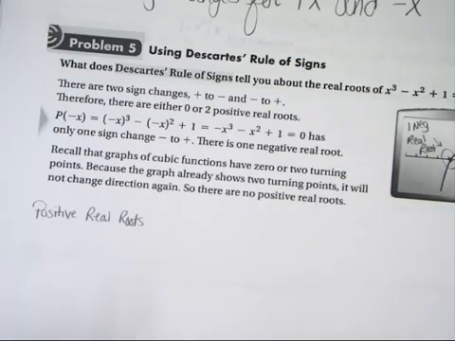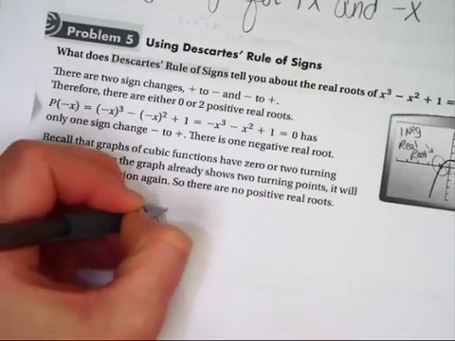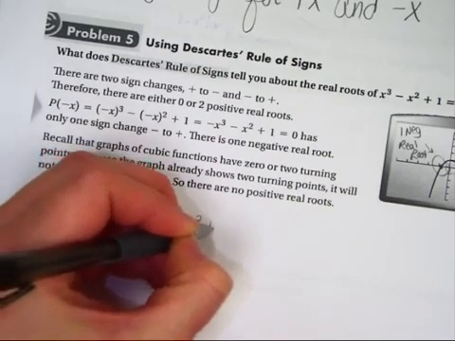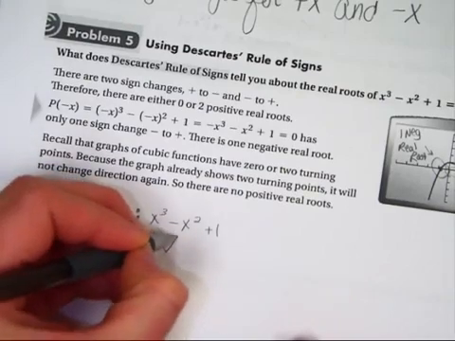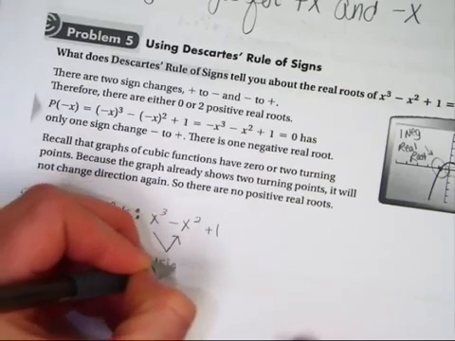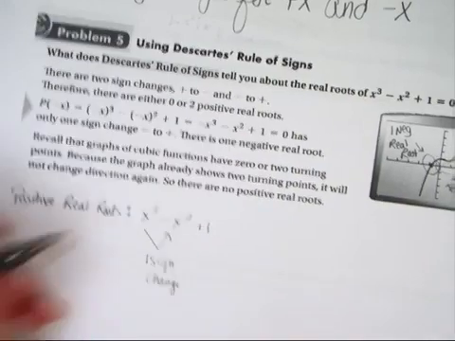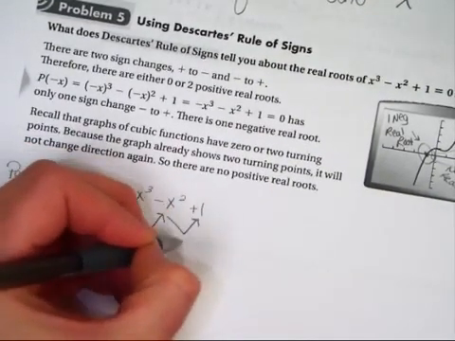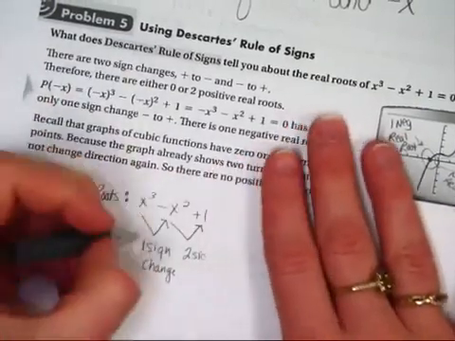Alright, to get the positive real roots, you need to take your regular equation, x cubed minus x squared plus 1, and count the sign changes. One sign change, because it went from a positive to a negative. Two sign changes. Or maybe I should write first and second.